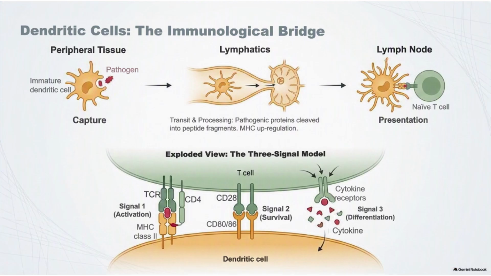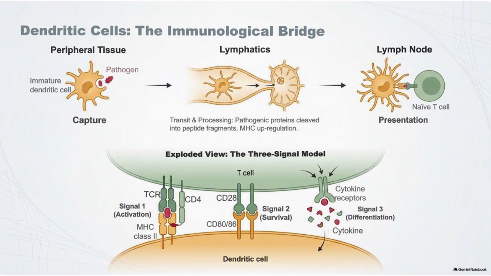It also depends on how that antigen is encountered and what additional signals accompany it. That's one reason vaccines are designed not merely to expose the immune system to an antigen, but to generate the appropriate immunological context for productive adaptive responses.